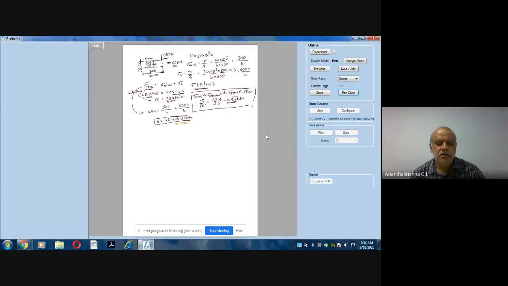Assume the depth of cross section to be twice the width.